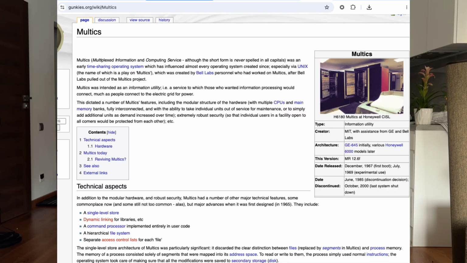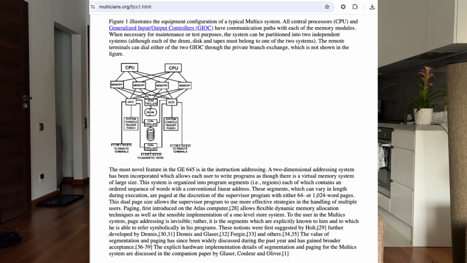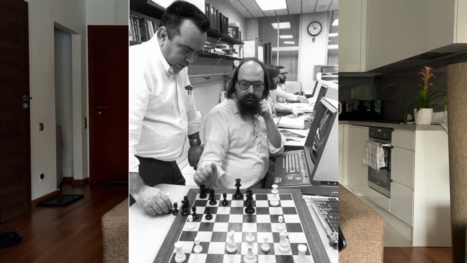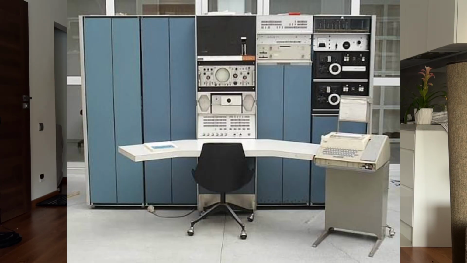Then a huge government-funded project named Multics tried to build one massive operating system to rule them all. Instead, it became an over-engineered nightmare that constantly crashed. Two genius engineers, Ken Thompson and Dennis Ritchie, left the project and started their own idea. They grabbed an old abandoned computer in their office and decided to do the exact opposite of what they did on the Multics project.